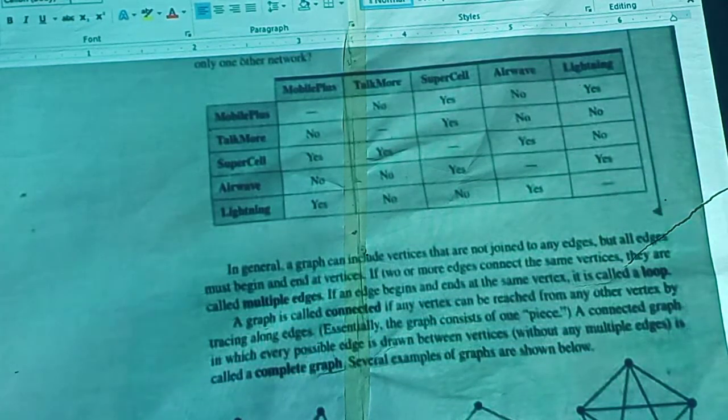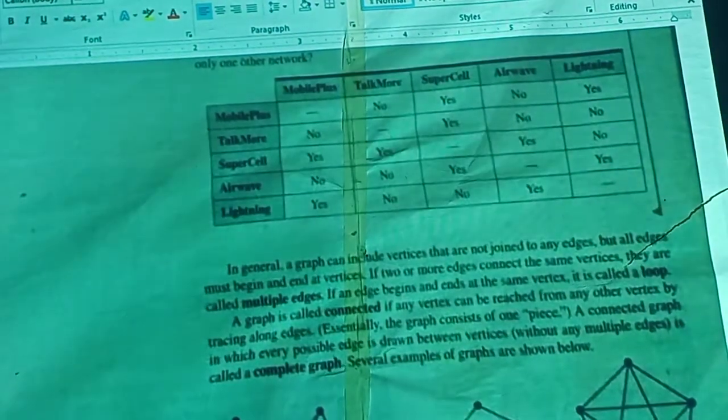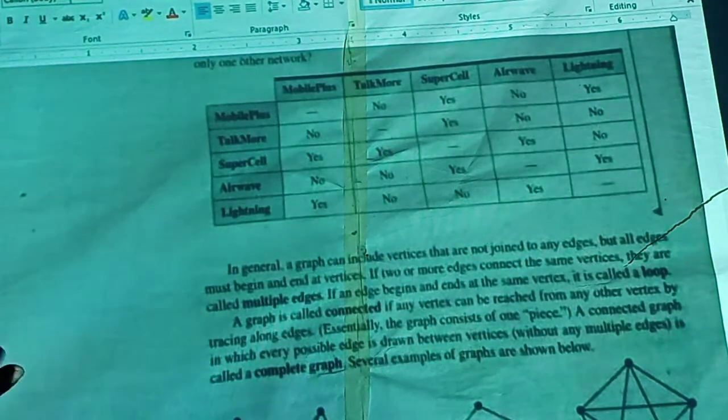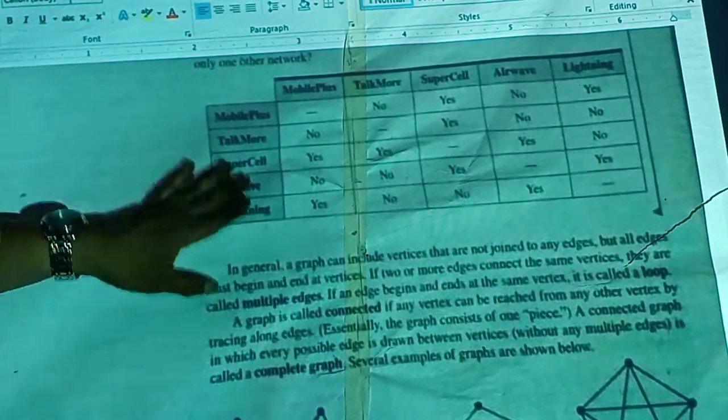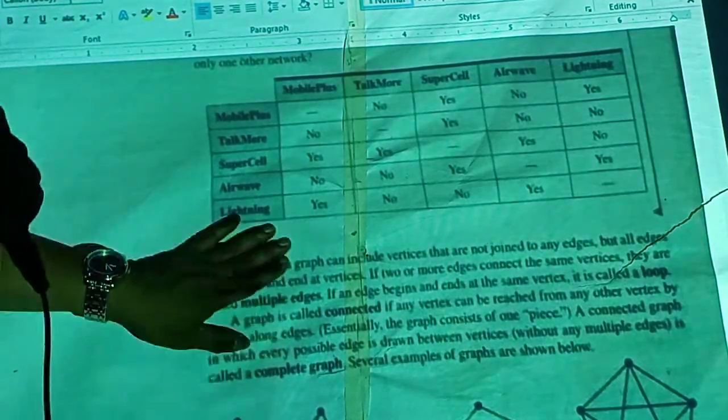Yes, there are only three because TM is already connected with Globe, and then Smart, PLDT, and then Sun. So there are only two, because Smart is connected with PLDT and Sun. So that is the example.